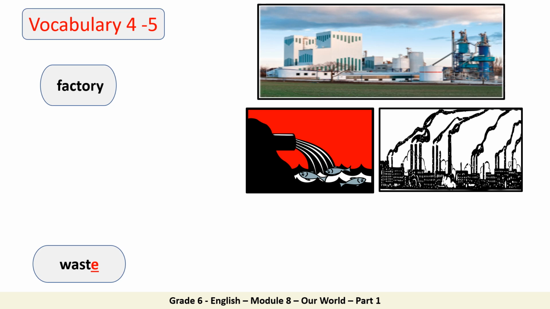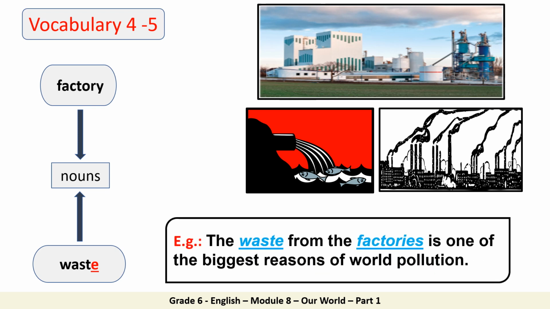So, both words, factory and waste, are functioning as nouns. Now, could you use these 2 words in a sentence? Very good. The waste from the factories is one of the biggest reasons of world pollution, and I completely agree with that statement.